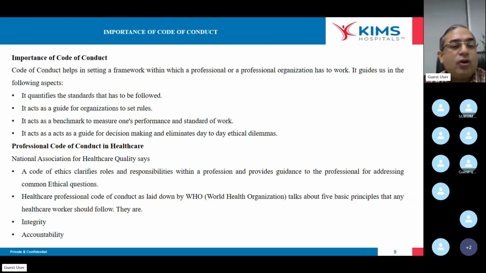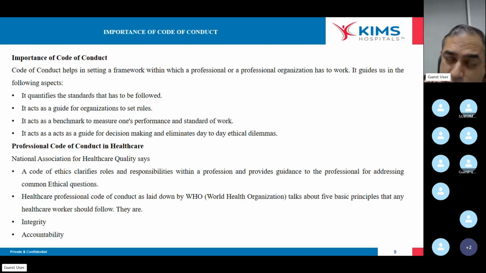It acts as a guide for organizations to set rules. Now, when we say code of conduct, when we say that a patient has a right to a second opinion, a right to know about their own medical condition, we also talk about how the patient has a responsibility to disclose all their information to the doctor, and a responsibility to seek clarification and explanation from the doctor.